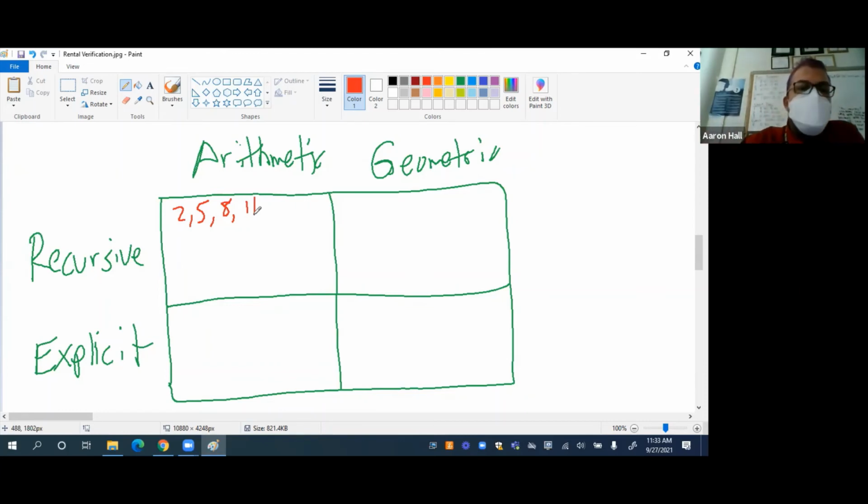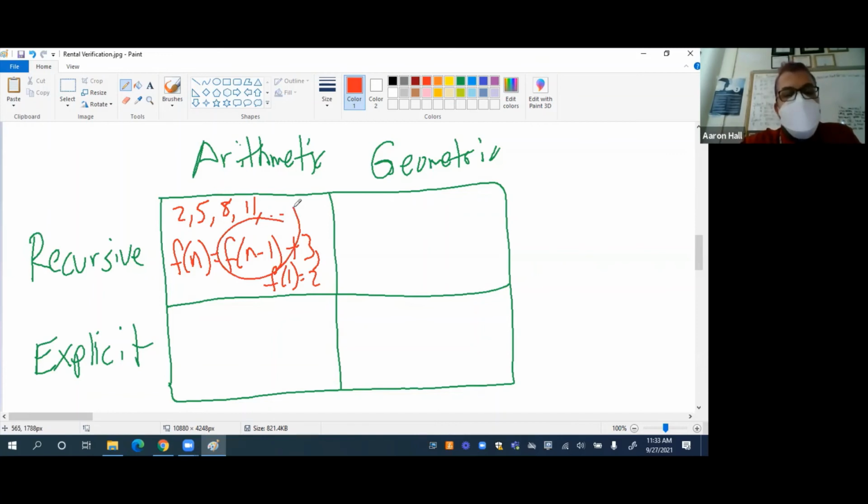Okay. What's the recursive for this? Yeah, f of 0 equals 2. Yep. That is recursive. Why is it recursive? Because it depends on the previous term.